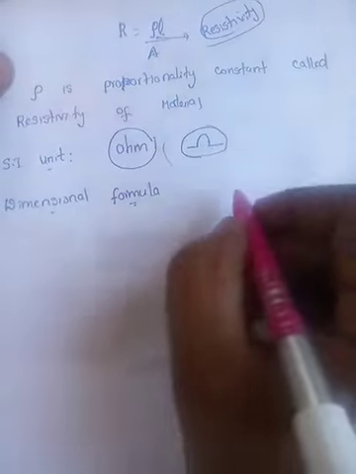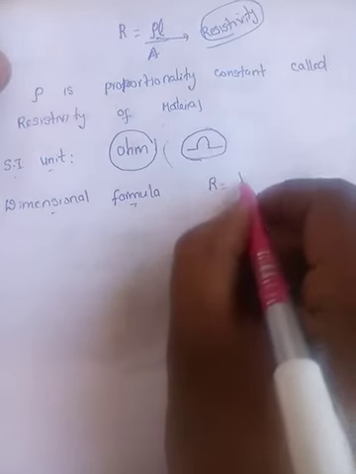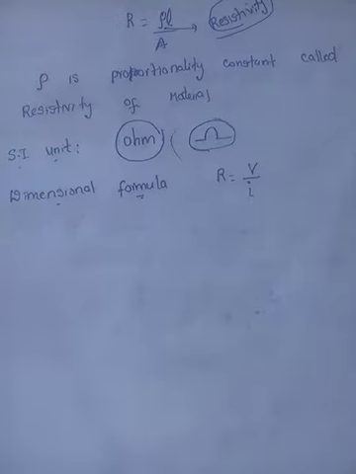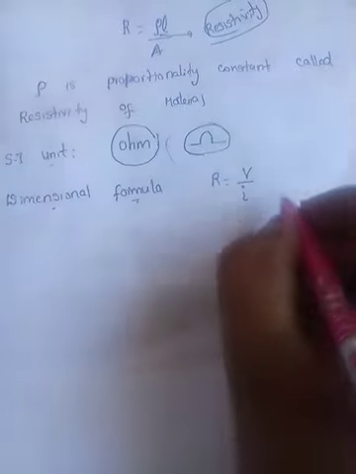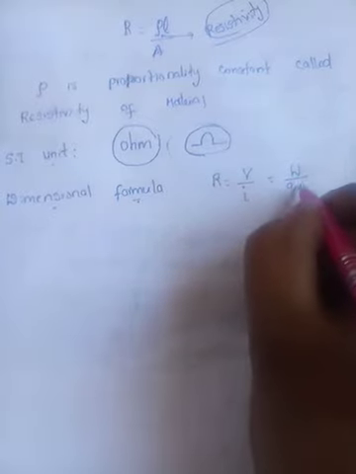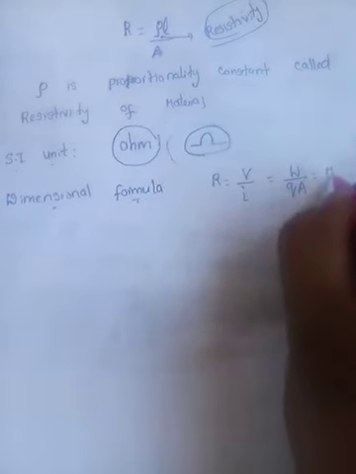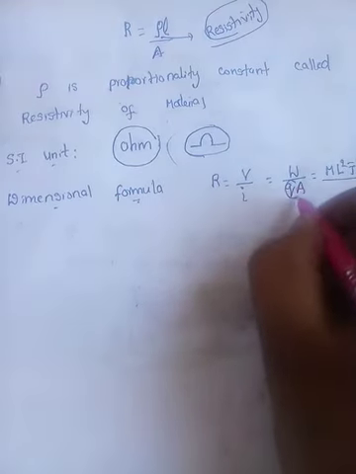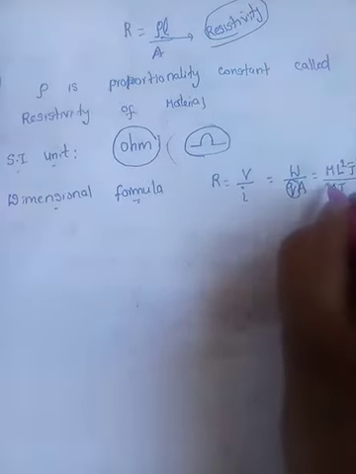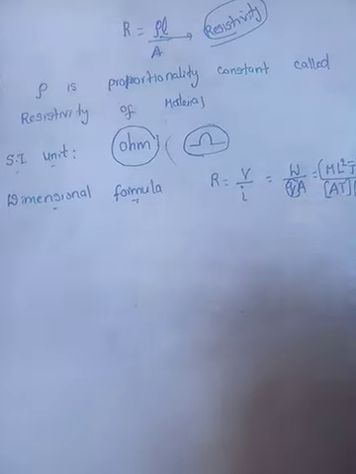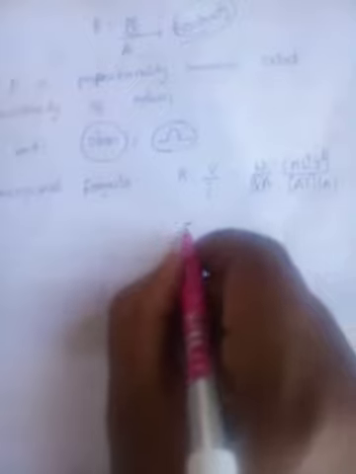So what is the dimensional formula for resistance? R equals what? V by I. Is it right from Ohm's law? R equals V by I. That equals what? V is work done per unit charge, and Q is I into T. What is work done? M L square T power minus 2, divided by charge, which has units A T, into A. So finally, what you can write?